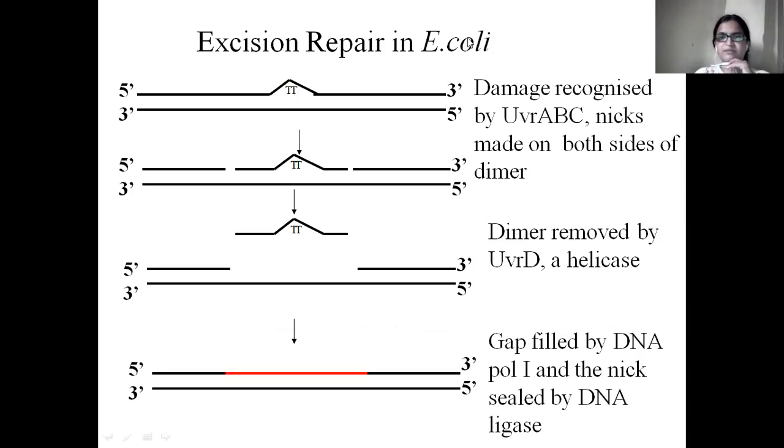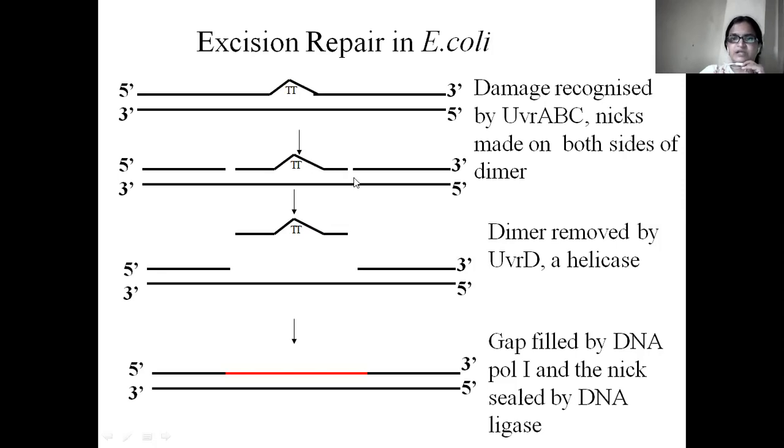So UvrABC, this is the TT dimer. These enzymes will recognize the TT dimer, and cause a nick on both sides. On the 5' side, the nick will be made 8 bases away from the site of the TT dimer, and on the 3' side it will be 4 to 5 bases away.